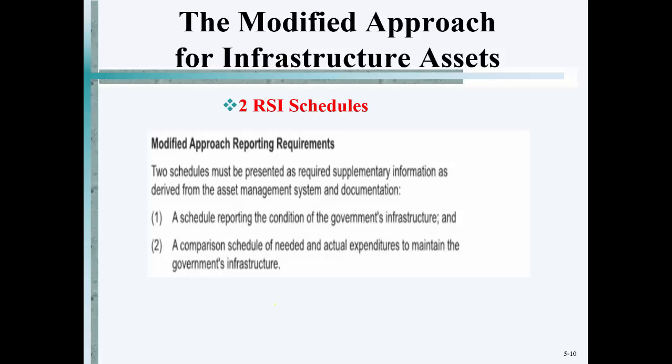So we're now in the bottom box of the GASB 34 reporting model, aren't we? Two required supplemental information schedules, and the schedules need to show the condition of the government's infrastructure and a comparison schedule of needed versus actual expenditures to maintain the condition assessment.